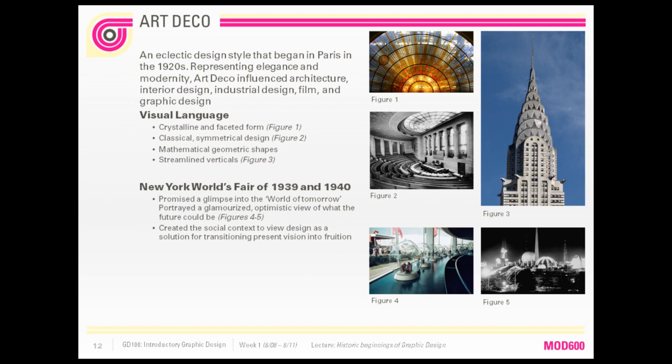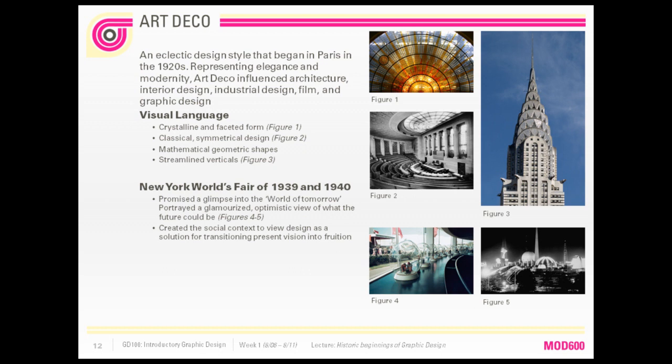So Art Deco is about glamorizing modernity. A big contributor to Art Deco was the New York World's Fair of 1930 and 1940. So not only did that glamorize how society was at present times, but it promised a glimpse into the world of tomorrow. So thousands would go to it.